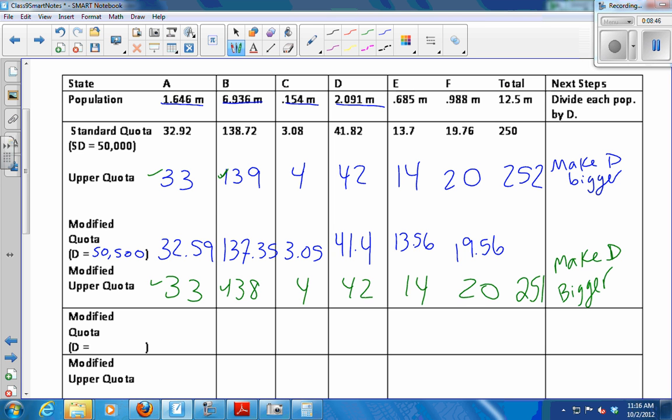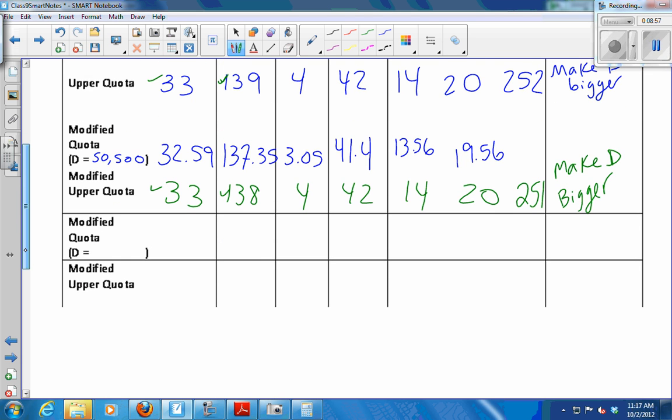51,000. Somebody already did 51,000 and they said that it comes out to 248. So that's too small. So when you're too small, you need to make D smaller.